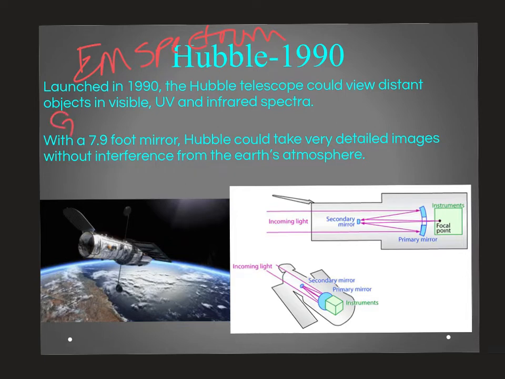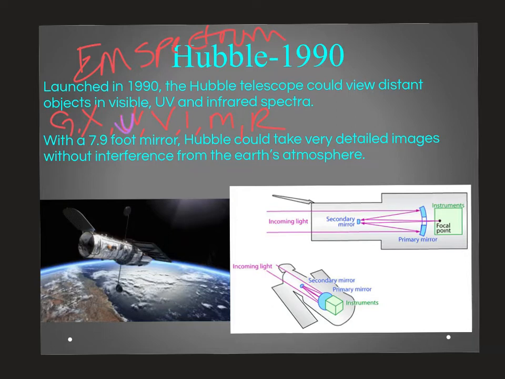We have the gamma rays, X-rays, ultraviolet, then visible light, then infrared, microwave, and radio wave. So this is the order of the electromagnetic spectrum.